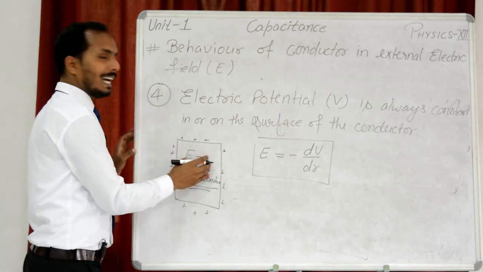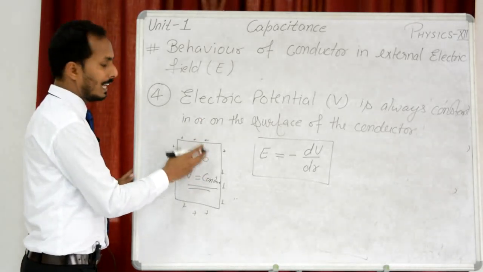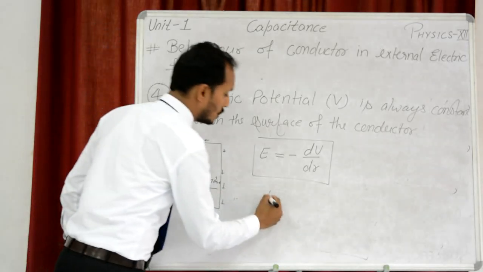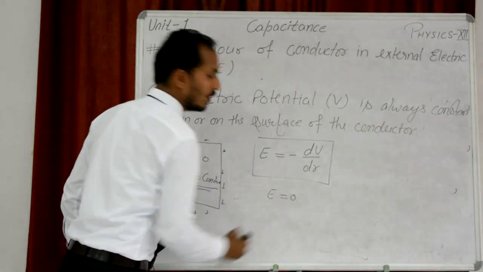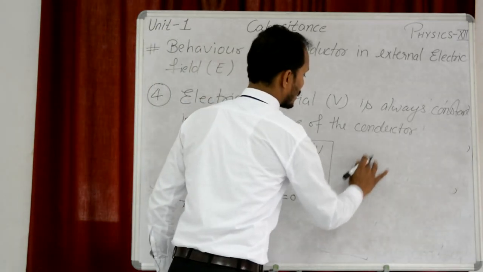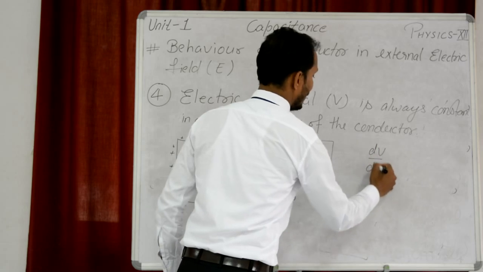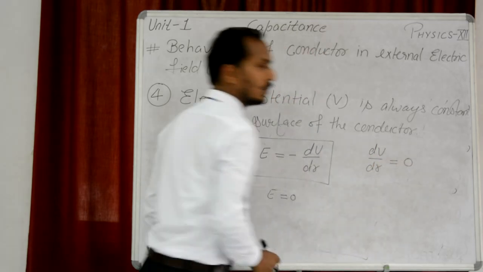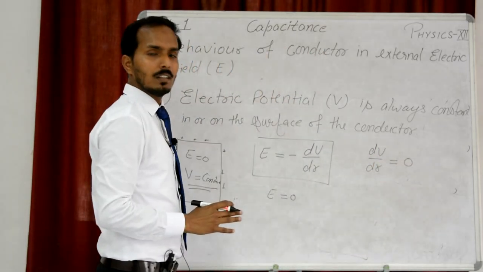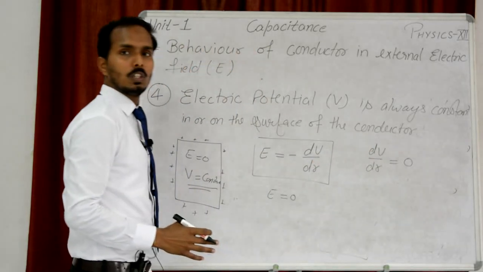And we know that inside a conductor the net electric field is 0. So this equation becomes dV by dr is equal to 0. We can neglect the negative sign. So dV by dr becomes 0.